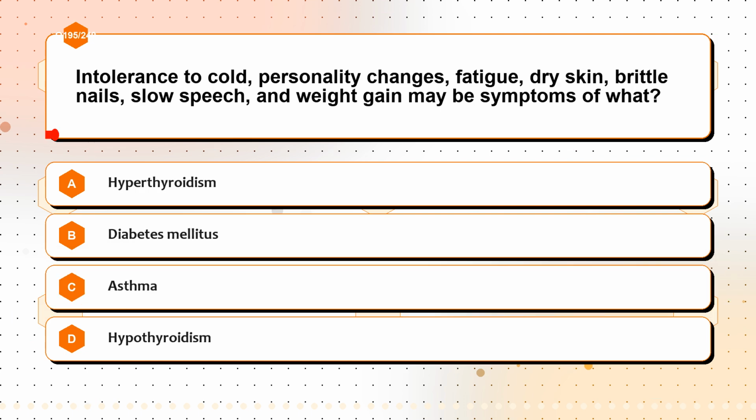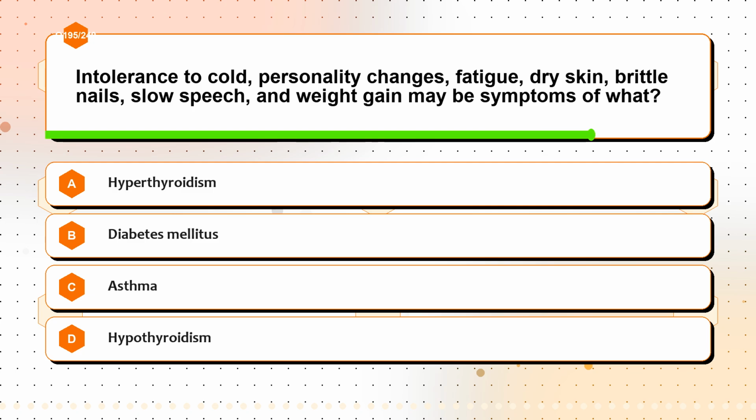Question 195. Intolerance to cold, personality changes, fatigue, dry skin, brittle nails, slow speech, and weight gain may be symptoms of what? Here are the options. Option A, hyperthyroidism. Option B, diabetes mellitus.